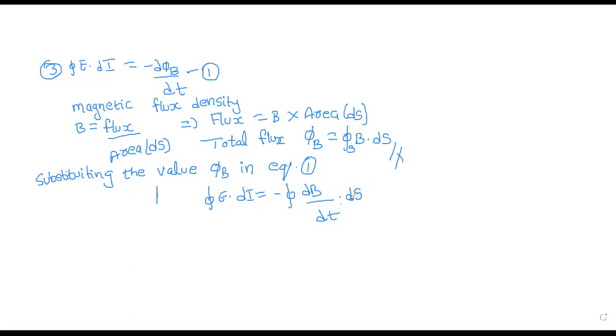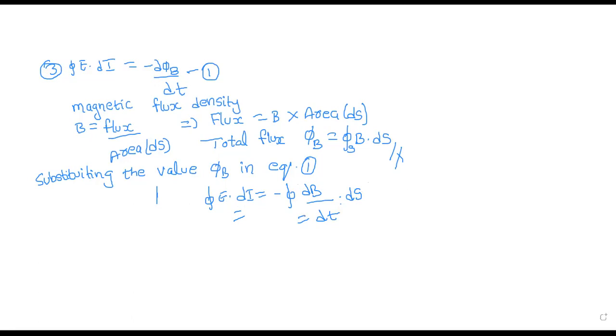So this is what we have. The LHS is a line integral, and the RHS is a surface integral. So LHS is in the line integration and RHS is in the surface integration. We need to convert either LHS or RHS into the same kind of integration.